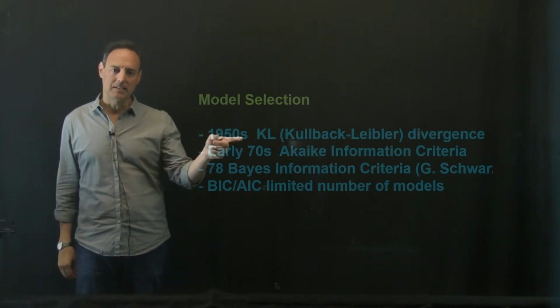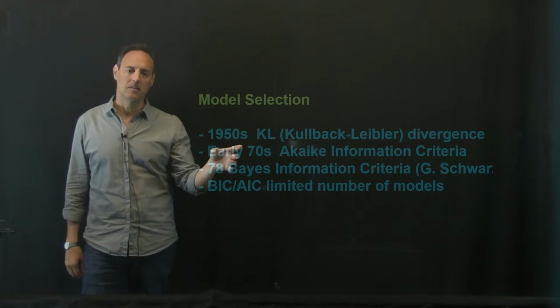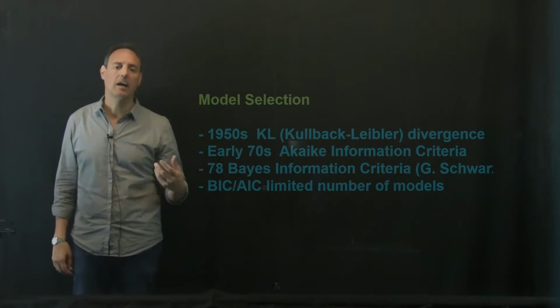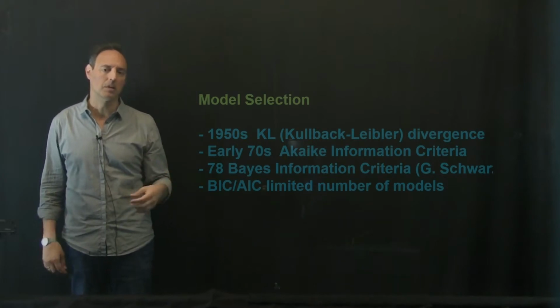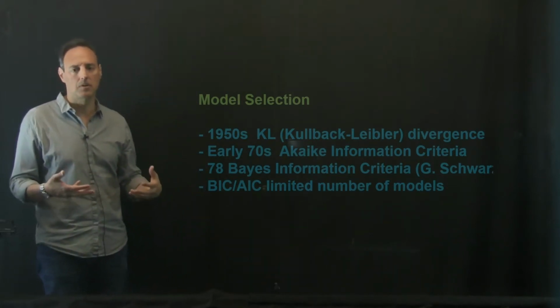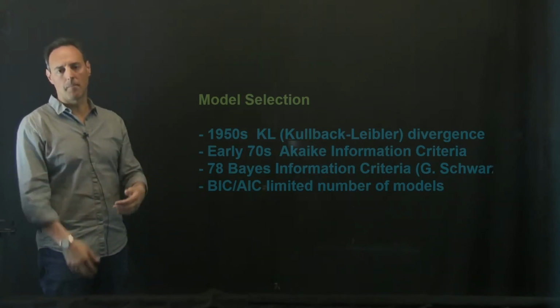In AIC, that is not necessarily the case; it's not guaranteed to converge. So BIC was a very important innovation, because it gave you a mathematical guarantee of when this information criterion can converge to the right model.